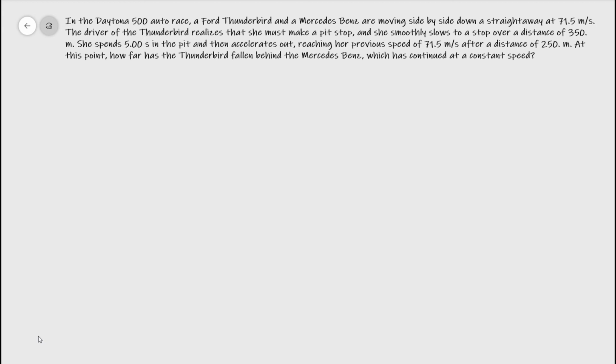Now let's make a drawing of the Thunderbird and the Mercedes-Benz. Let's say they are wheel to wheel. Let's say this is the Mercedes-Benz and this is the Thunderbird.